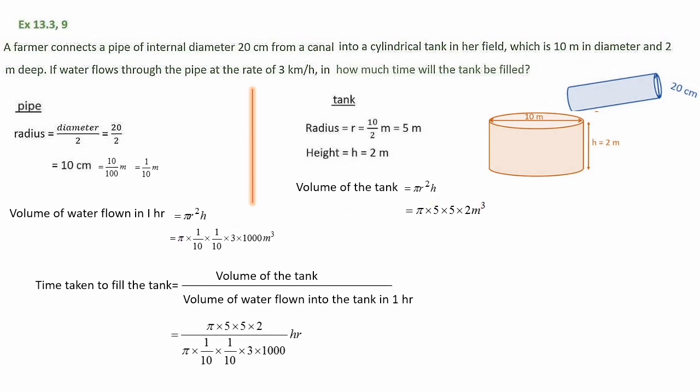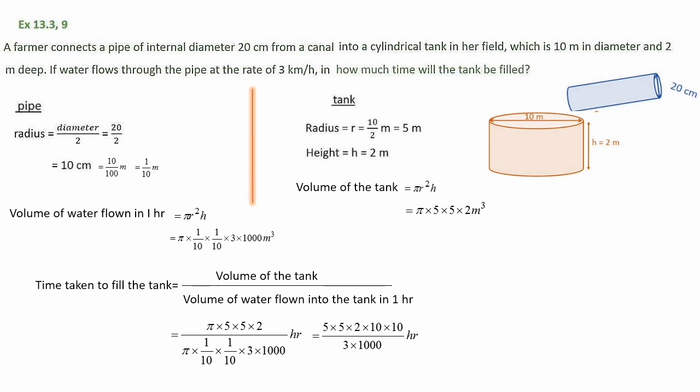Let's substitute it. So volume of the tank is pi into 5 into 5 into 2 divided by volume of the water flown in 1 hour. So the unit here is hour. 1 hour is pi into 1 by 10 into 1 by 10 into 3 into 1000 hour. Here because the volume of water flown in 1 hour we have included, the time unit we are going to get here is in hours. That is equal to, here pi and pi we can cancel.